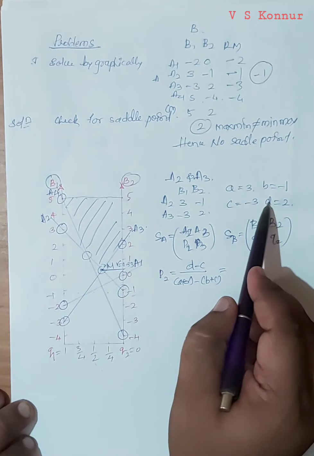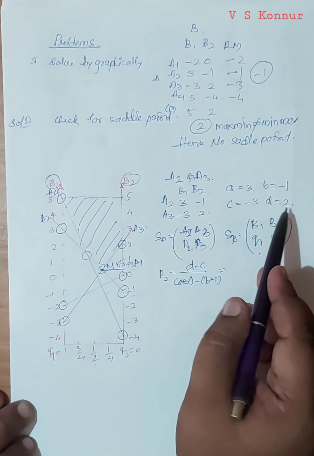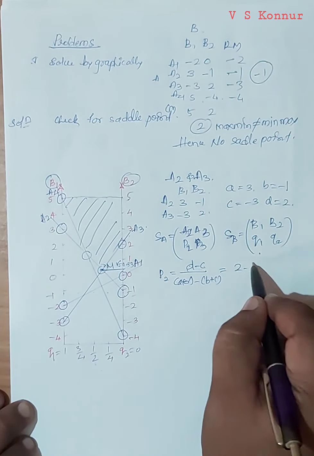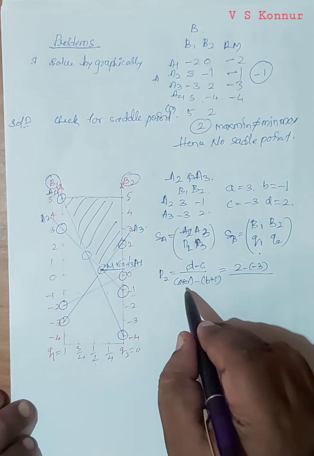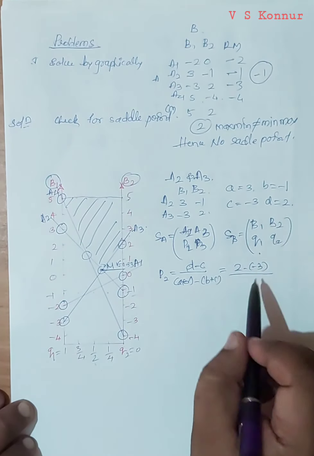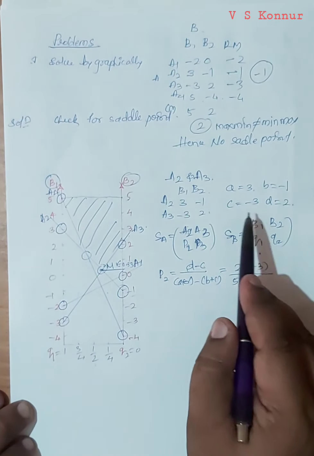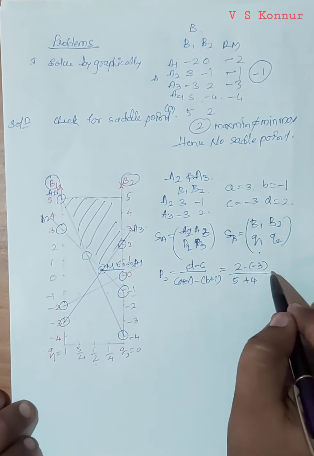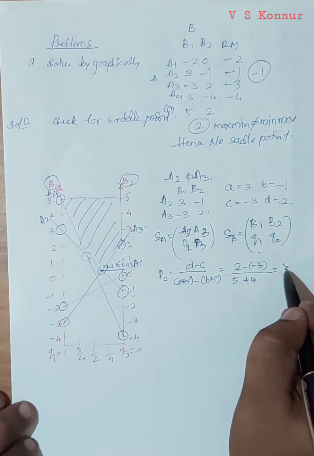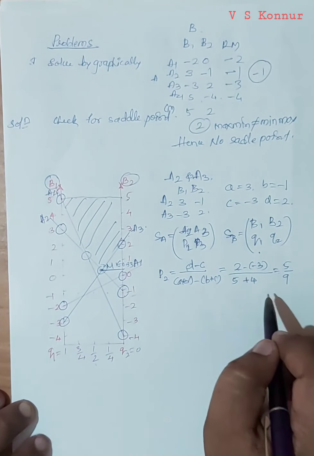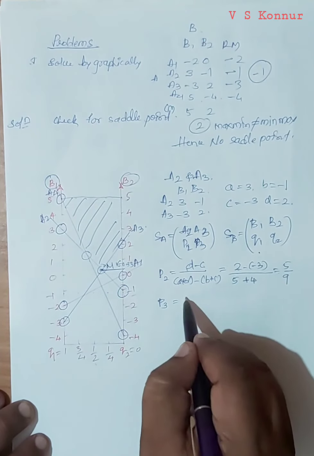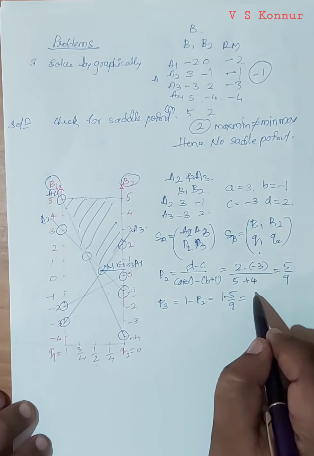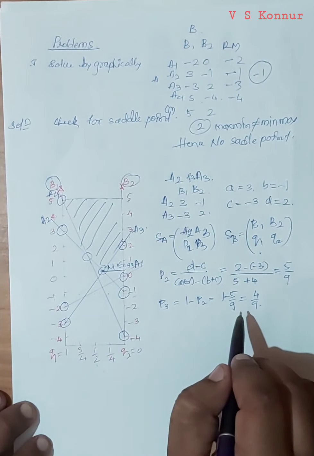That is 2 minus of -3, divided by 5 minus of -4 plus 4, which is 5 by 9. P3 is equal to 1 minus P2, that is 1 minus 5 by 9. 9 minus 5 is 4 by 9. So we get 4 by 9.